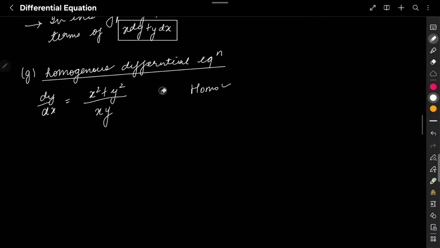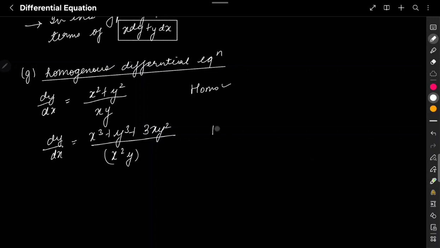Now also we can take the example dy by dx is equal to x cube plus y cube plus 3xy square upon x square y. Is it a homogeneous differential equation? Yes, each term has sum of exponents 3.